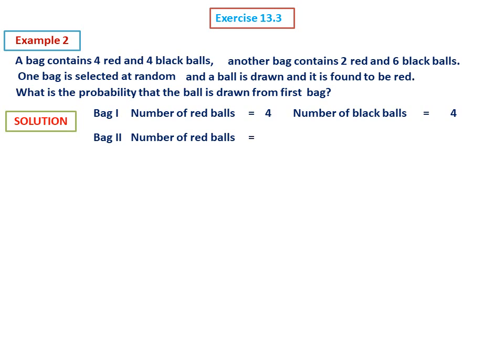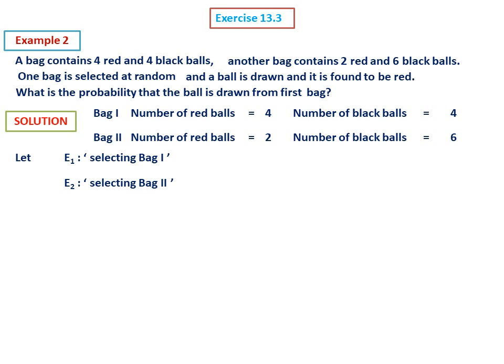Bag 2, number of red balls 2, and number of black balls 6. Now let E1 be selecting bag 1 and E2 be selecting bag 2. Now we can write the probabilities. Probability E1 will be equal to 1 by 2 and probability E2 also will be 1 by 2.